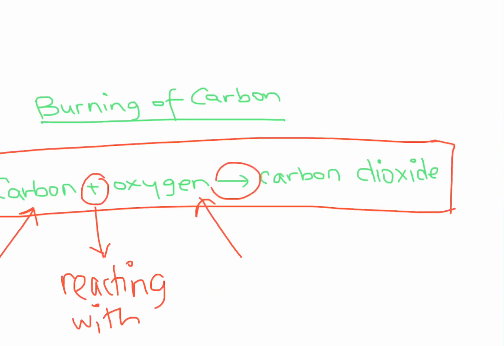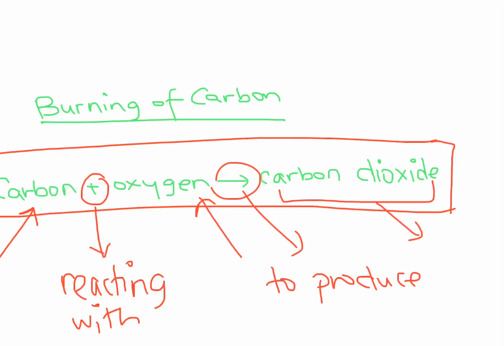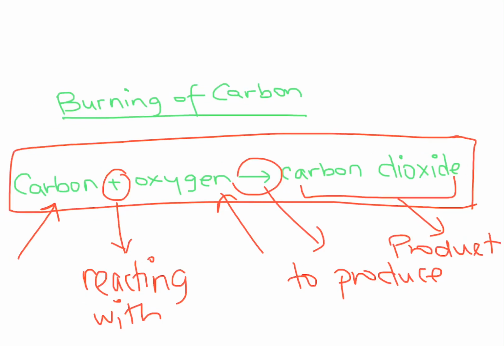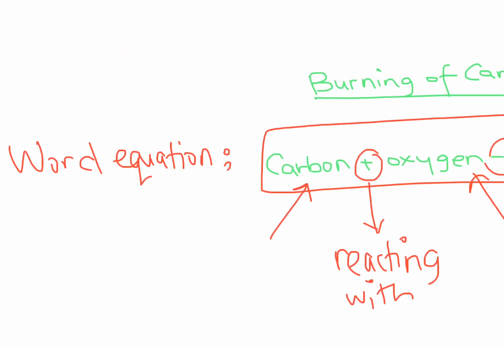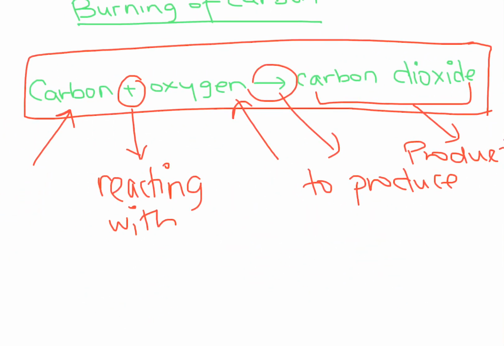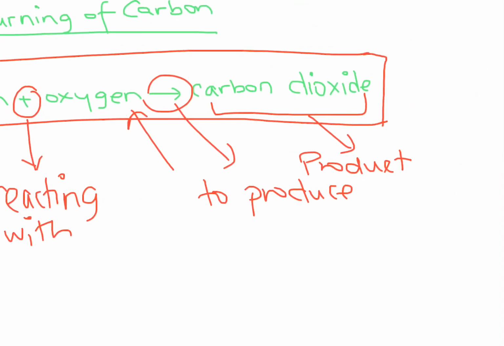The arrow means to produce, and that's the product. So the word equation tells us what is reacting together to produce which product.